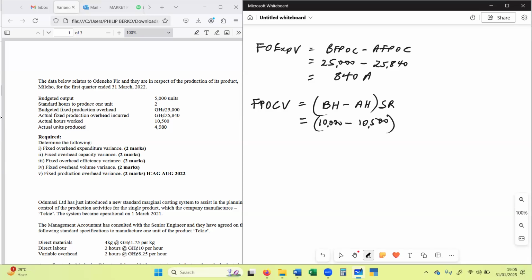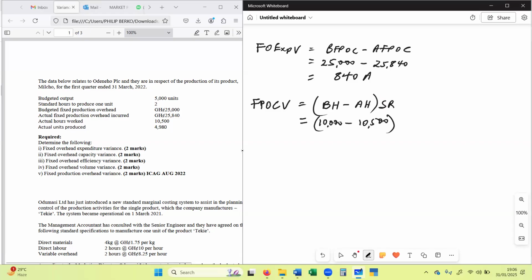And then the standard rate. What is the standard rate? It will be the budgeted cost divided by budgeted hours.